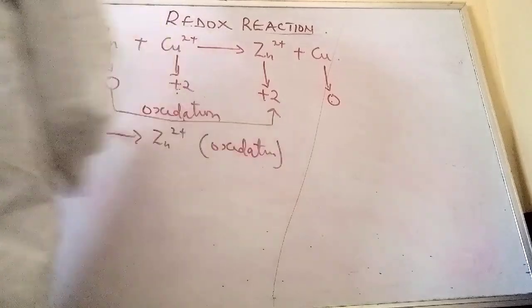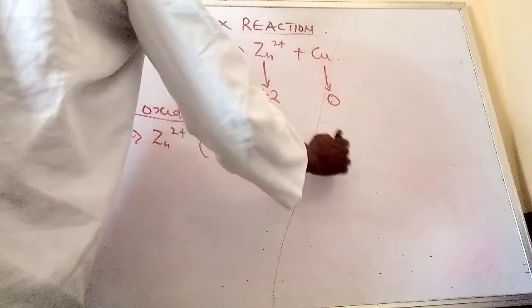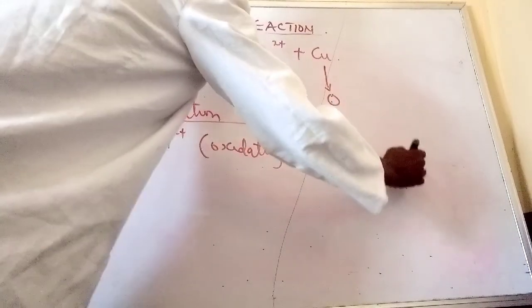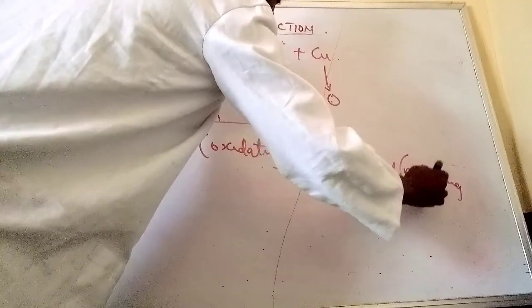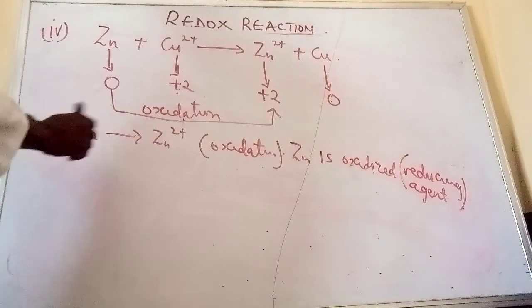That means this zinc on the reactant side, zinc is oxidized. So because of that, is the what? Reducing agent. Anything that is oxidized is the reducing agent, as stated in the note at the beginning of this class.